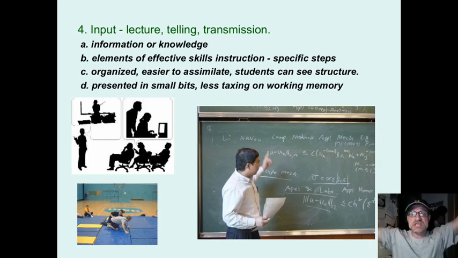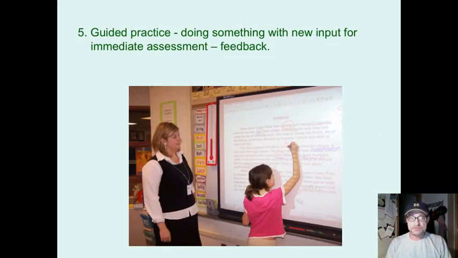If they can see the structure and see small bits, see how it puts together, it's less stressful. It's easier to encode that information in long-term memory. And again, all good lessons have some teaching and telling as part of it.